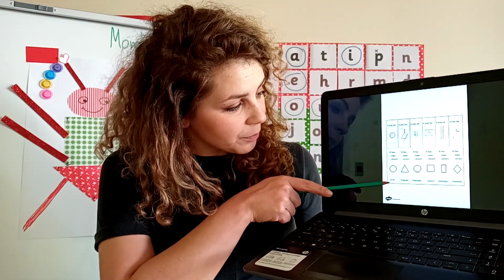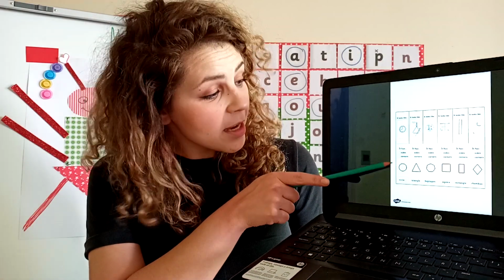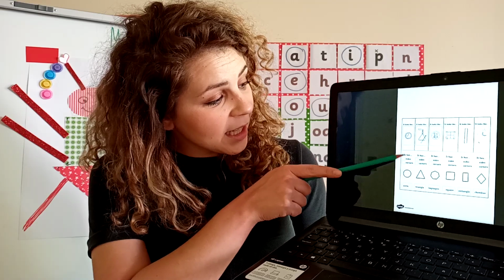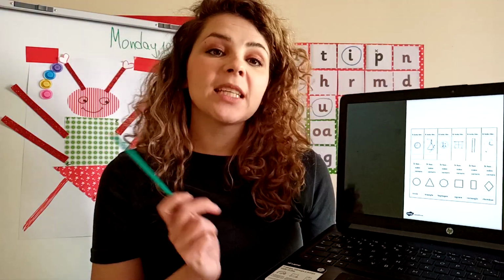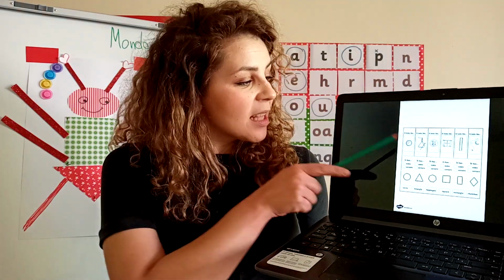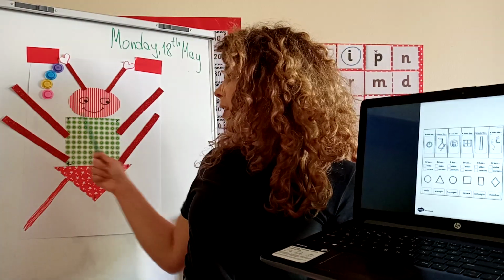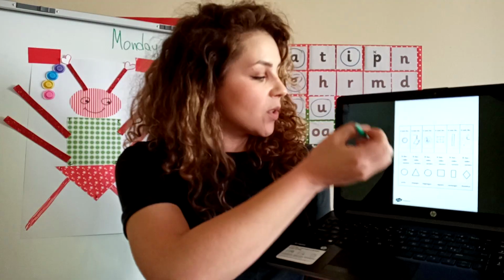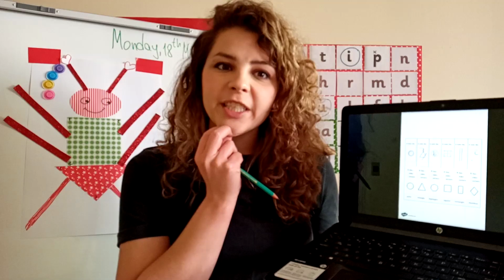So it looks like, okay, what is the shape that looks like a clock? It's a circle, okay? And here you have spaces, okay? And in these spaces it says it has space sides. So you need to write in the number. How many sides does a circle have? So we said circles and ovals have only one side. So here you will write 1. And then corners, how many corners does it have?